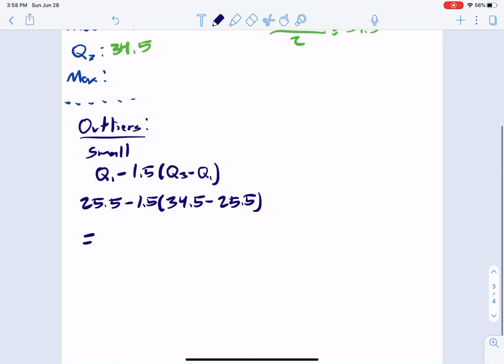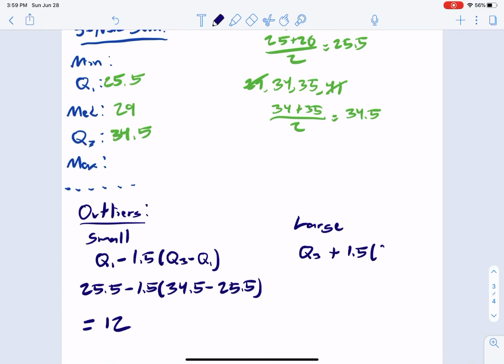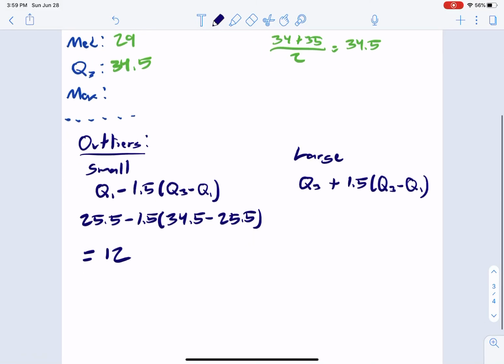And then over here, we'll do the large outliers. We'll be consistent. So that's Q3 plus 1.5 times the interquartile range. Make sure that you don't get that all mixed up, because it can be very easy to forget that small difference. All right, and then same deal.